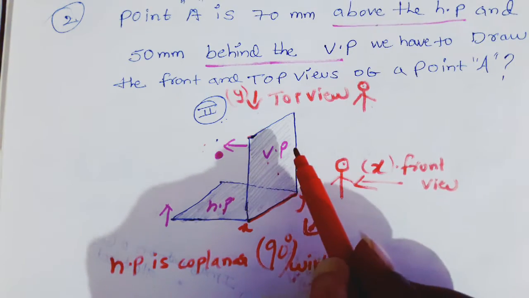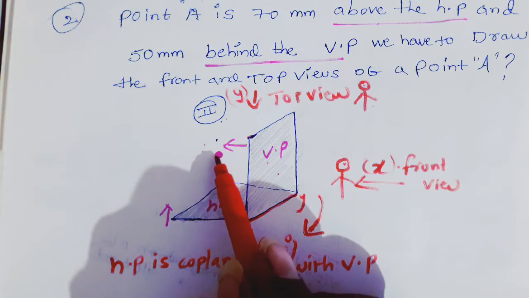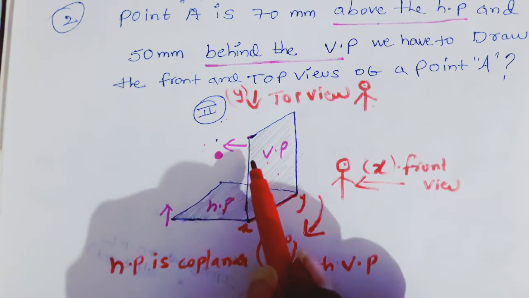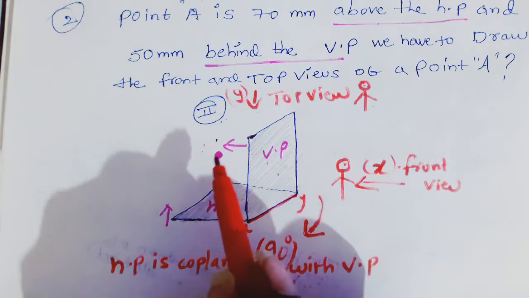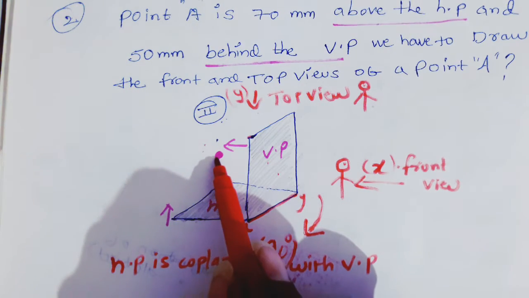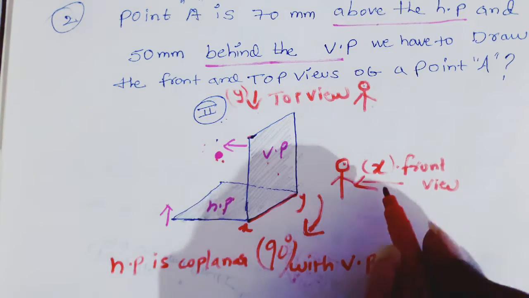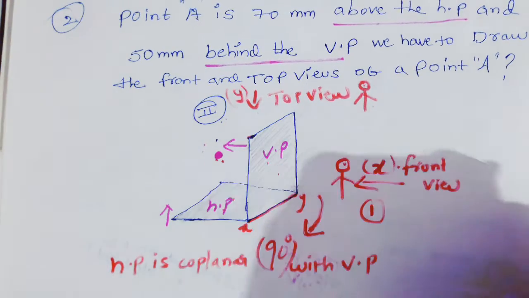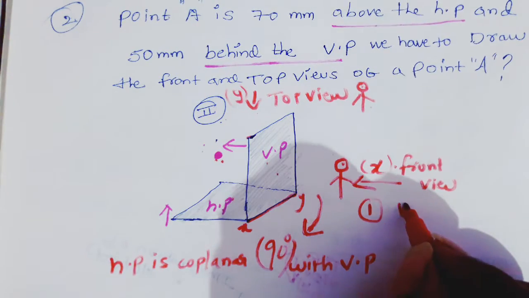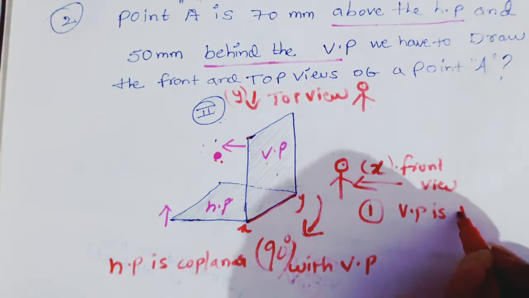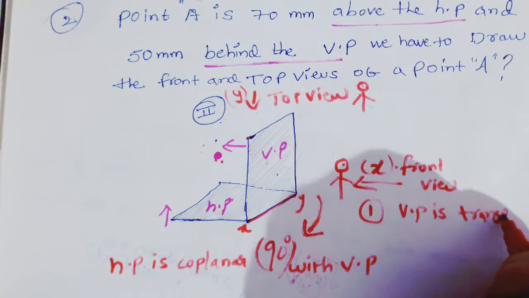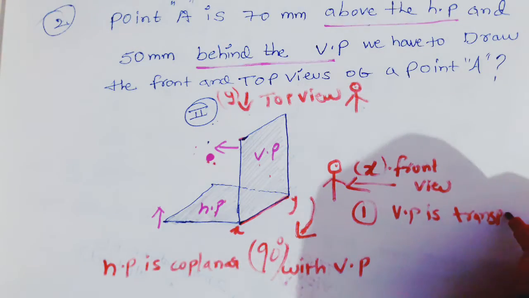Then only you can imagine the position of a point in the second quadrant. Otherwise you cannot imagine this position in the second quadrant. So what is the first condition? The VP is transparent.